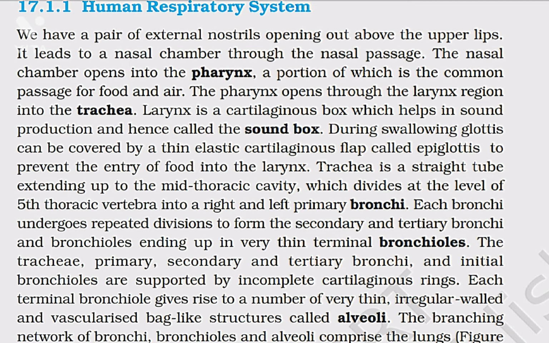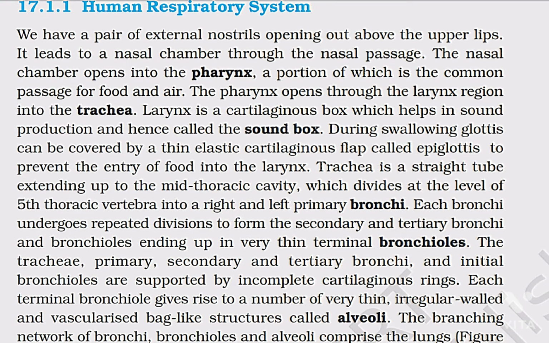17.1.1 Human respiratory system. We have a pair of external nostrils opening out above the upper lips. It leads to a nasal chamber through the nasal passage. The nasal chamber opens into the pharynx, a portion of which is the common passage for food and air.